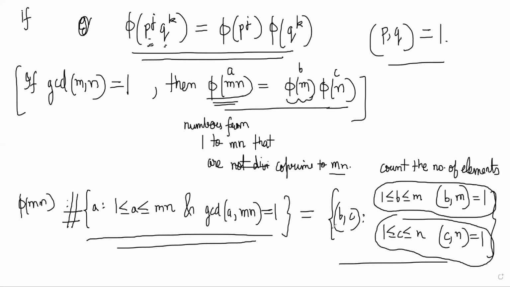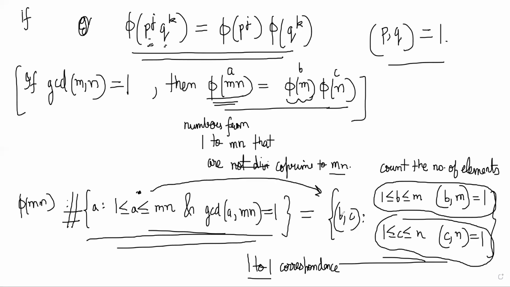So what we want to show is that the number of elements here is equal to the number of elements here. So it will be enough if we can show a one-to-one correspondence, right? Basically, if we can show that one element of this can be assigned to one pair here, right? Yes. Correct. Then the number of elements in the sets has to match, right? Yeah.